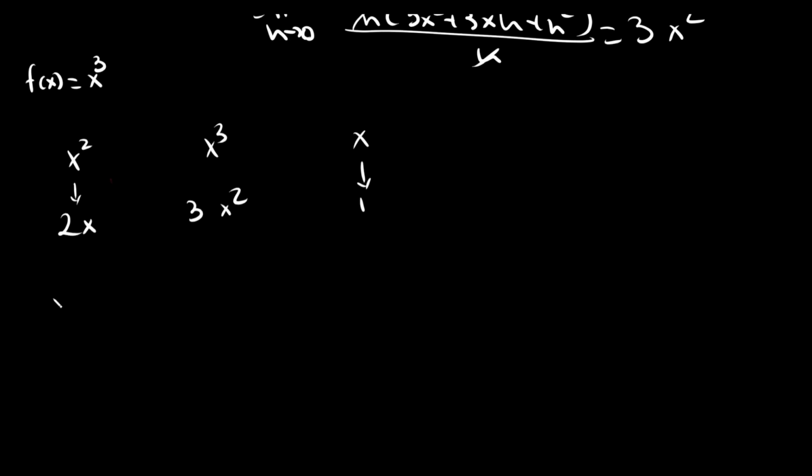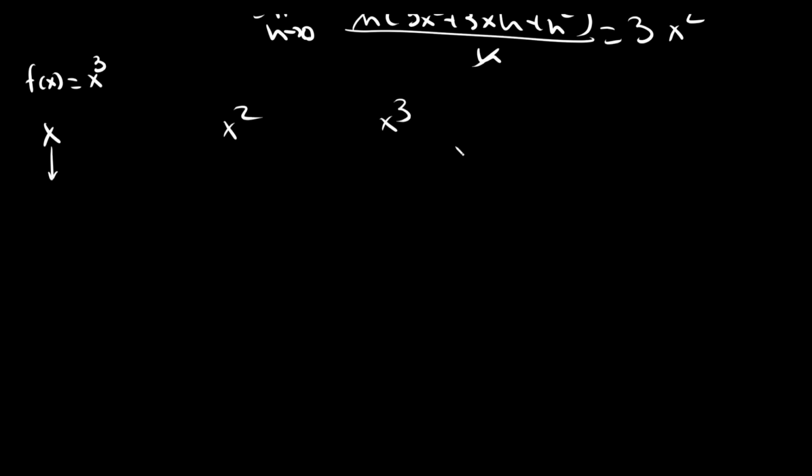So let's write it down here. Let's erase it and write it again more carefully, more tidy. This is my f, x to the power of 2, x to the power of 3. So we have just done the limit for my function when h equals 0.